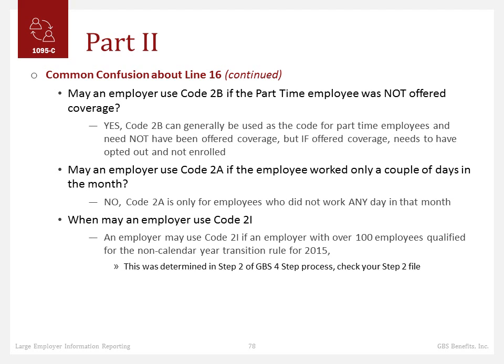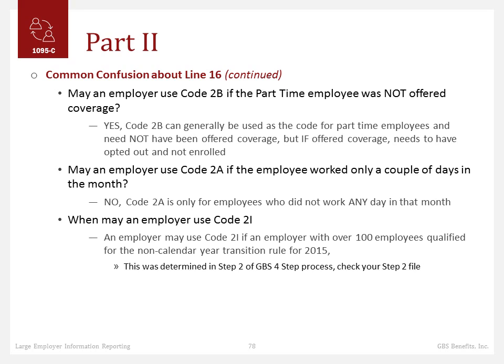But basically, if you have a part-time employee, whether or not they were offered coverage, you can use 2B. May an employer use code 2A if the employee worked only a couple days in the month? 2A is they are not an employee for that month. Code 2A is only for employees who did not work any day in that month. So even if they worked one day in that month, you cannot use 2A.